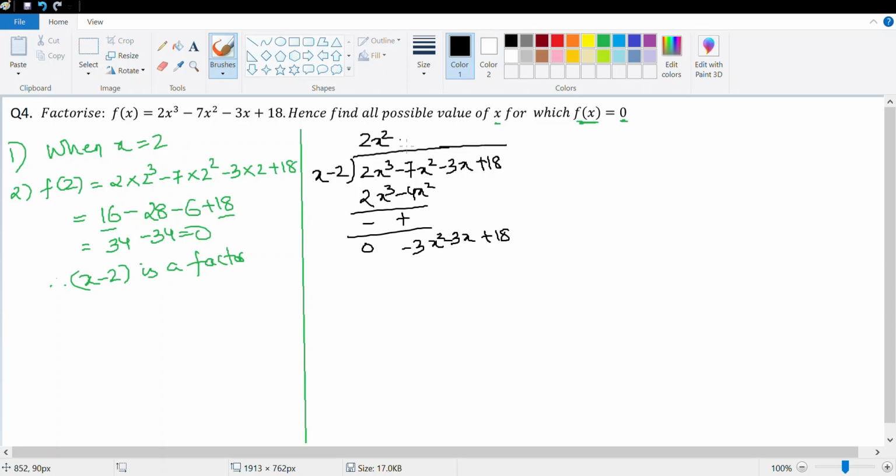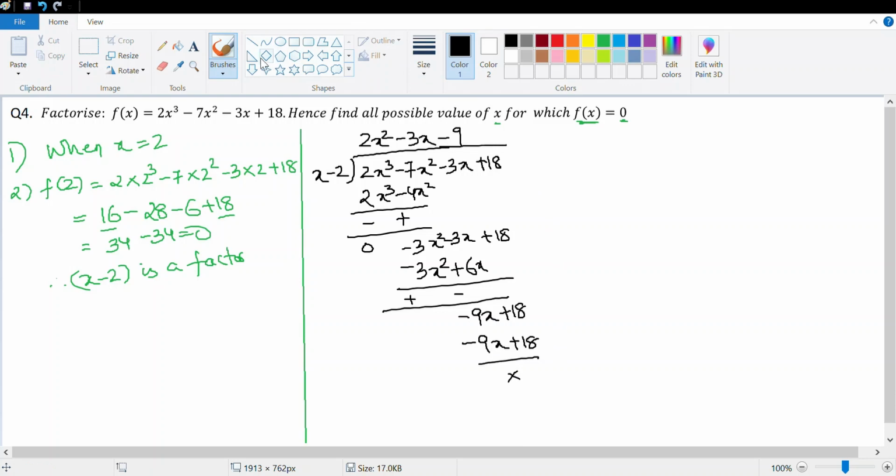I multiply x with negative 3x, that gives me negative 3x square plus 6x. Yes, that's correct. Subtract, the sign changes. So that's negative 3x minus 6x. That's negative 9x plus 18. Next, I multiply it with negative 9. This gives me negative 9x plus 18, which is 0. So we've divided it perfectly.